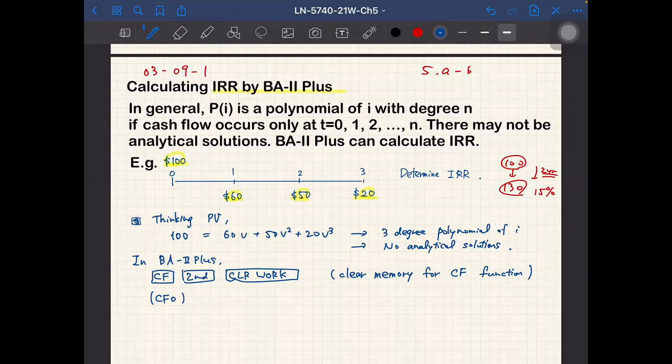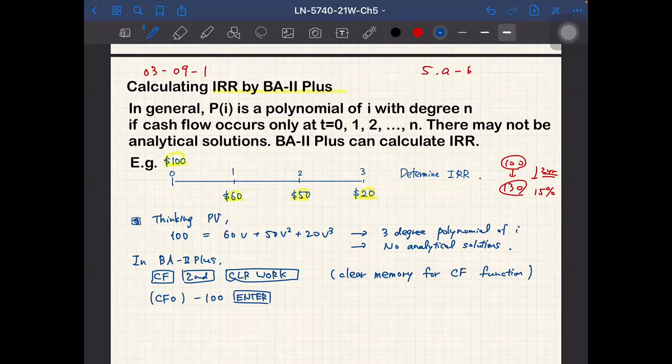Because the cash flow is above the line, we have to put the negative sign for all the quantities above the line and the positive sign for all quantities below this line. So for CF0, we have to put negative 100. Technically we have to put 100 first, then the plus-minus button. Then enter. The enter key is the top one, second from the left.